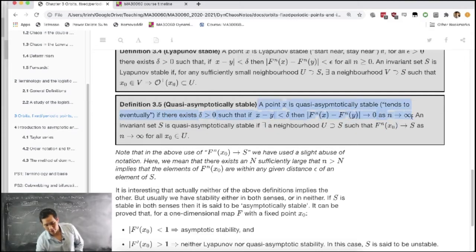Again, the first part of the definition applies to points, and then the second part applies to sets, okay? But let's just understand the point-wise version.